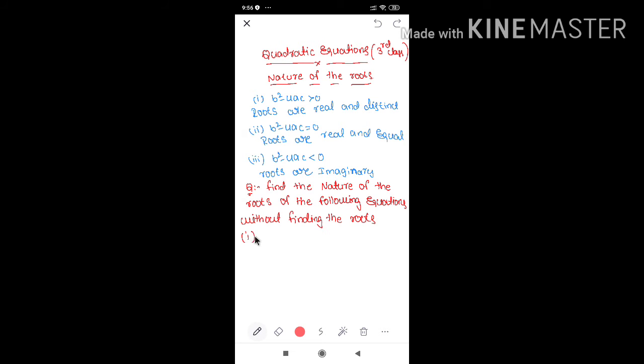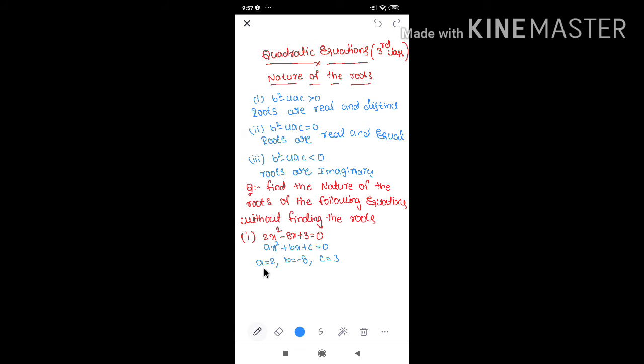First question: 2x² − 8x + 3 = 0. Here I am writing the original formula of the quadratic expression, ax² + bx + c = 0. By comparison, we are getting a equals 2, b value as −8 and c value 3.